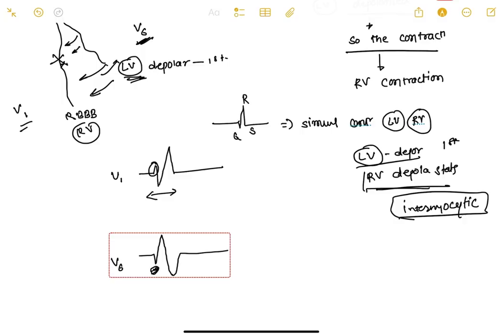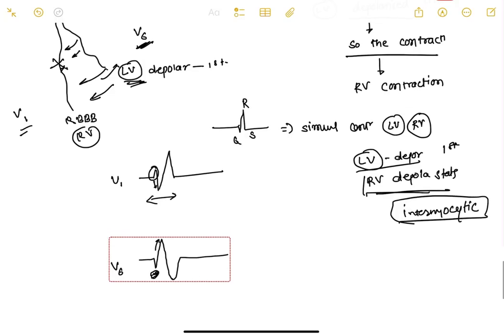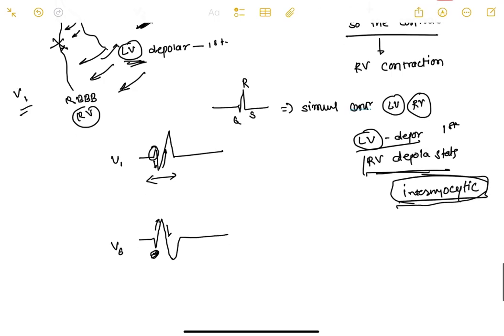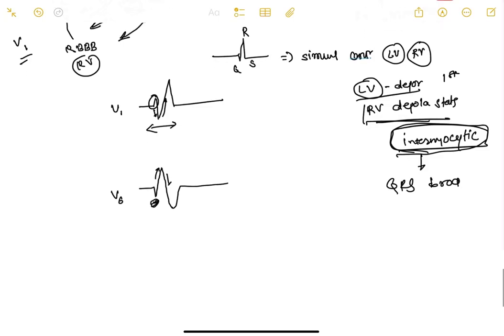So we will get positive in V6 and negative in V1. Next, right ventricular depolarization starts, so current flows towards V1. So we will get positive in V1 and negative in V6. Since the conduction is intermyocytic, QRS will be broad and this will be the ECG.